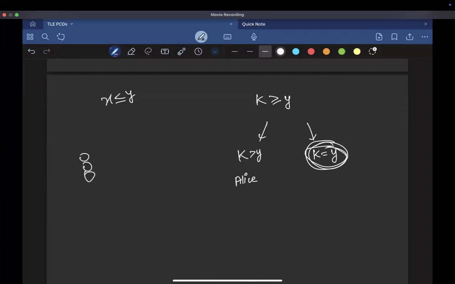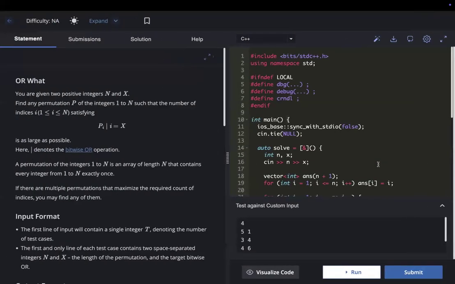If you have two piles and you remove the bigger pile completely, then the next guy, Bob, will have to remove five stones, but he has only three stones left. So Bob will lose for sure. And this will work even if x is equal to y. Even in that case, Bob will not be able to win. So is it clear now?